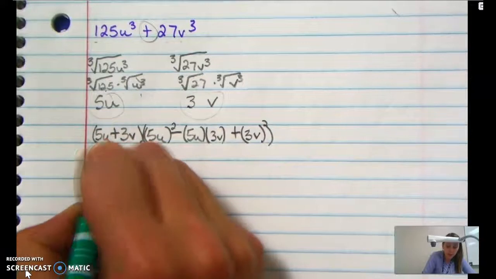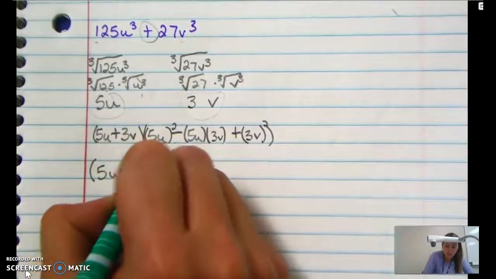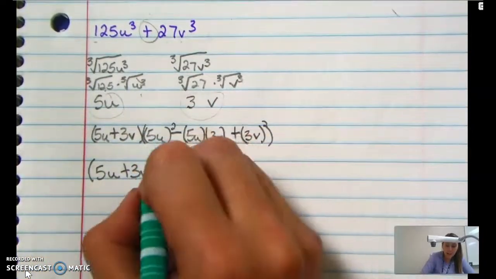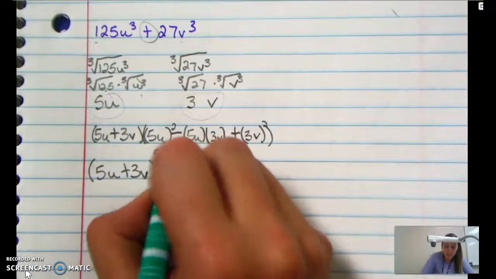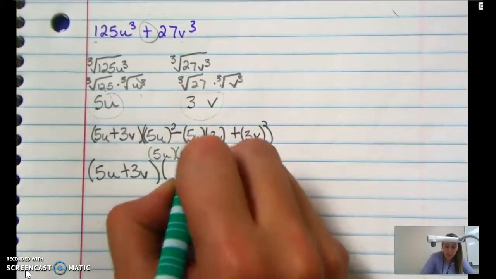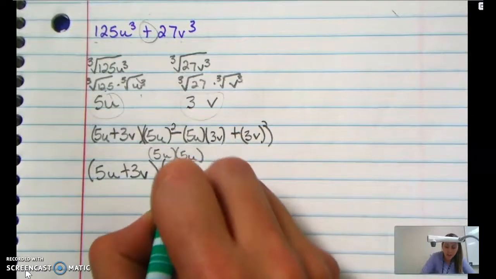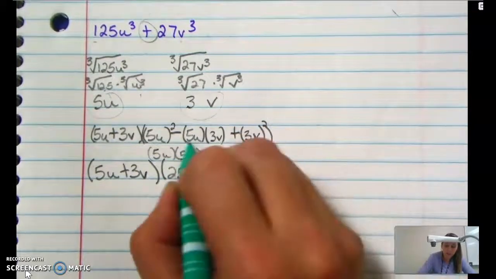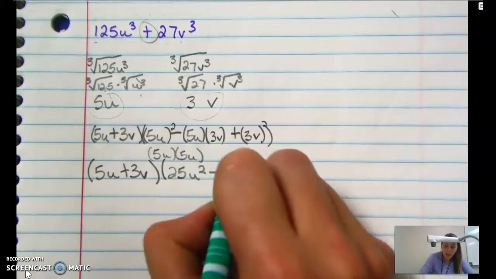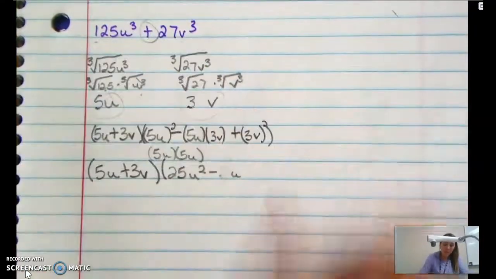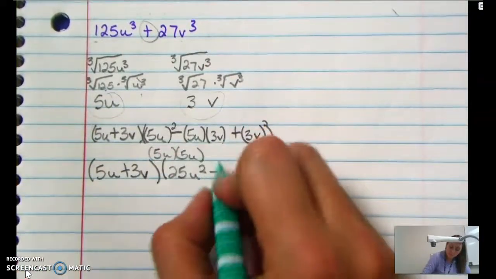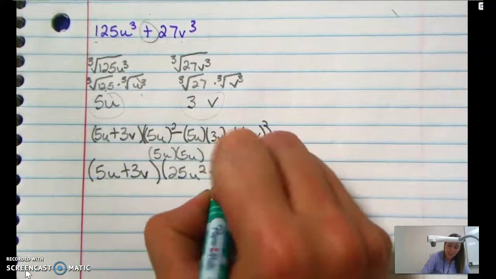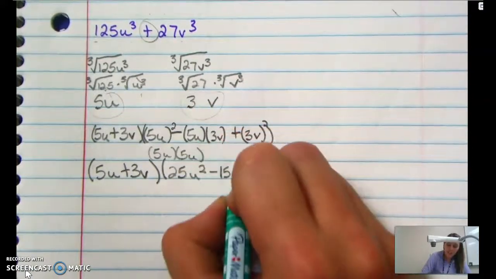So we have 5U plus 3V times, now remember 5U squared is really 5U times 5U. So that gives me 25U squared. Negative 5U times 3V, so 5 times 3 is 15, and then U times V is UV.